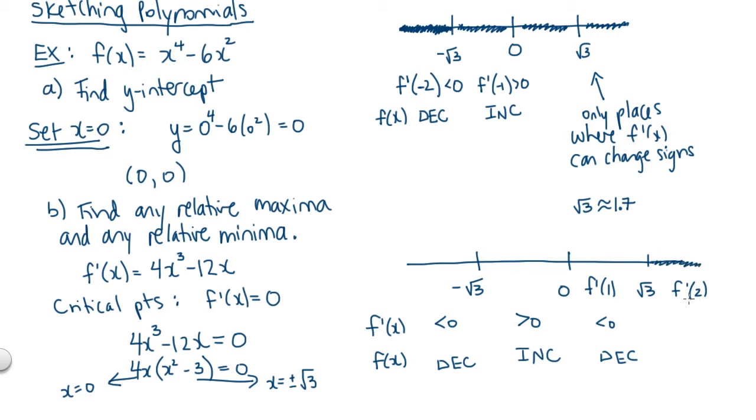So 2 is probably the friendliest number to use there. F prime of 2 comes out positive. Our function is increasing. Okay, so it's helpful to just organize this information into a little chart that looks like this. Underneath each interval, we've said what the behavior of f prime is and what that means for our function.